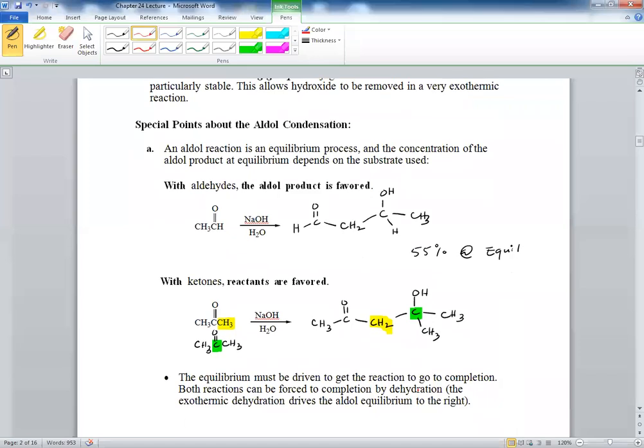What's different about this is you have two methyl groups. That's a ketone. Here you had a methyl and a hydrogen. So here's the difference. This is only 1% at equilibrium, meaning the reaction is not favored.